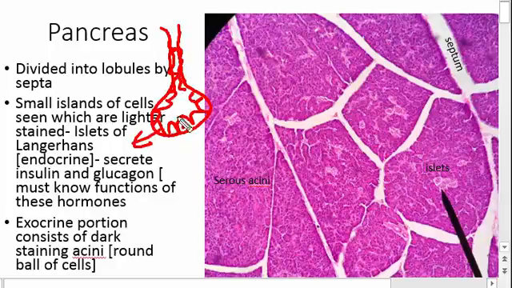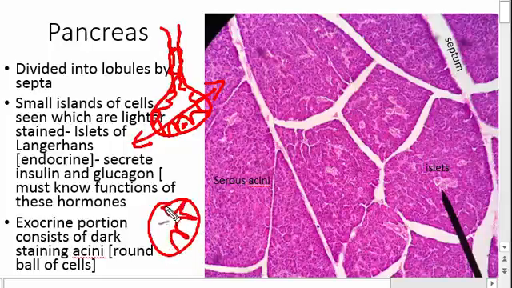Now if we take a section through this flask-shaped portion, then we get these tall cells which are secretory, well stained, and with nuclei which take up a blue stain. So this whole thing takes up the stain well, so these are known as serous acini because they produce a thin fluid.